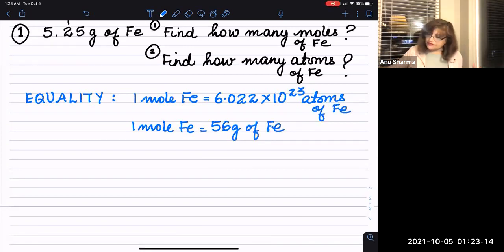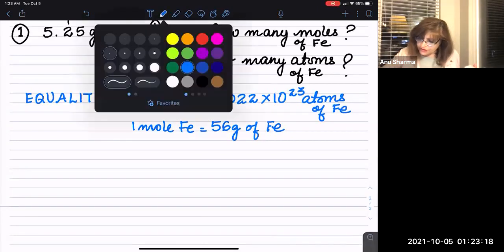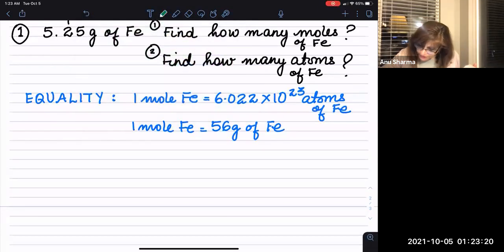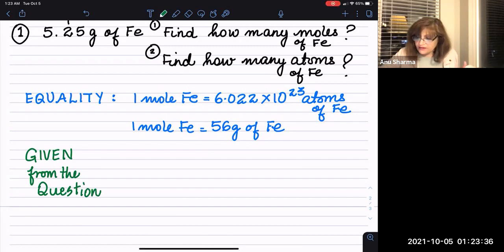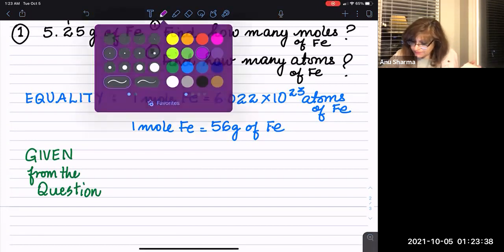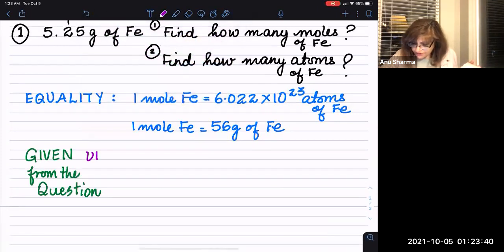Okay, so let's do this. You can create the conversion factors as I had already shown above. Here's the thing, always write down your given from the question. In that given, there is a unit, grams, some kind of a unit.